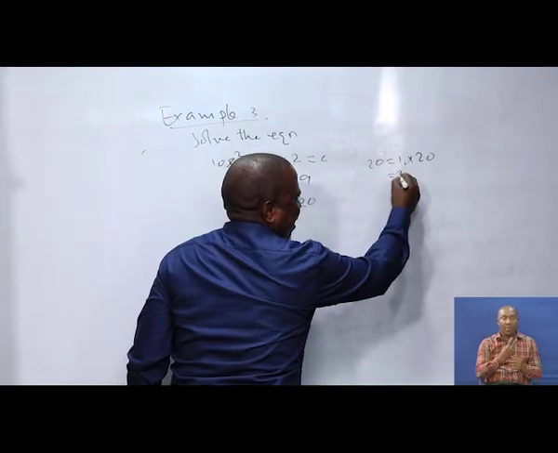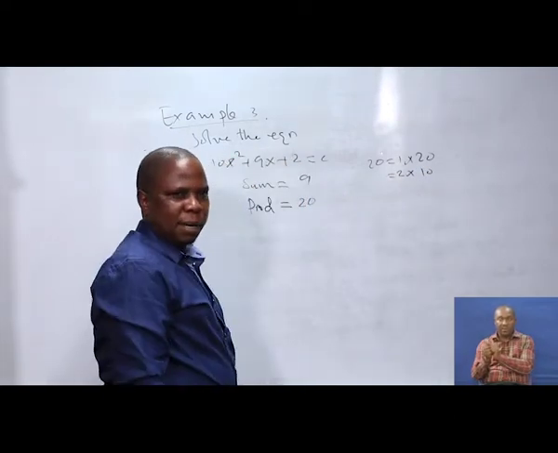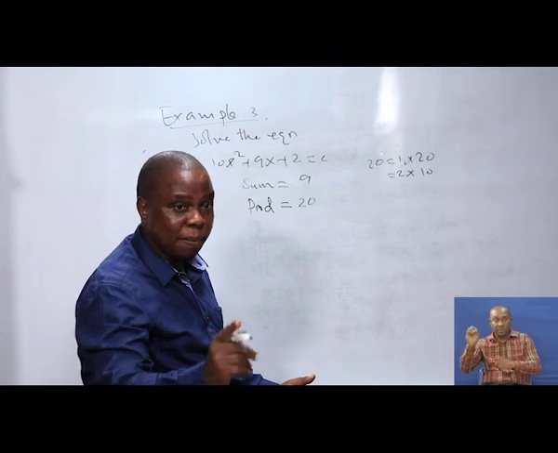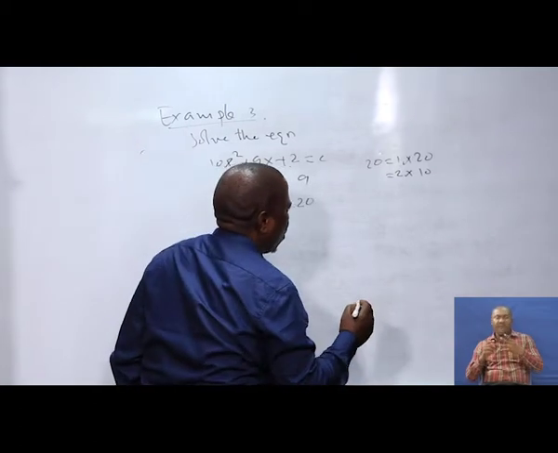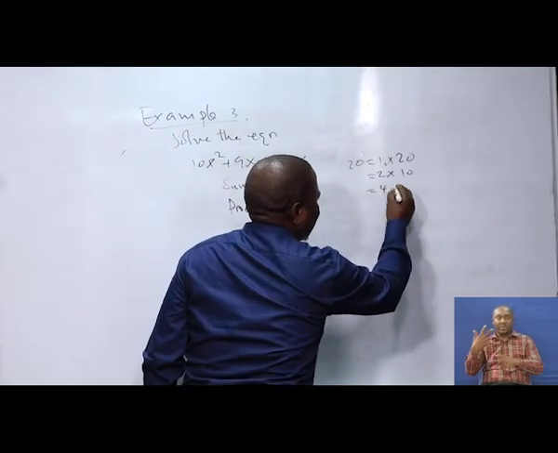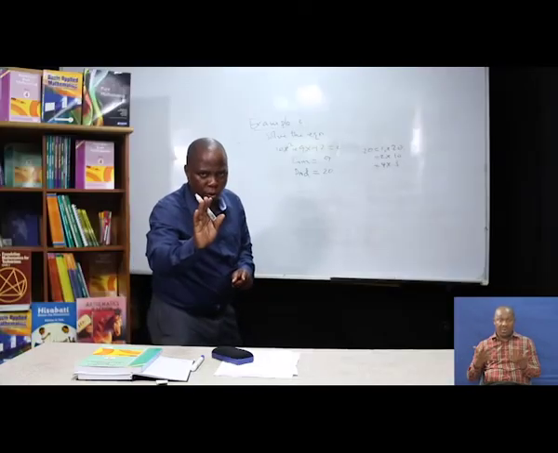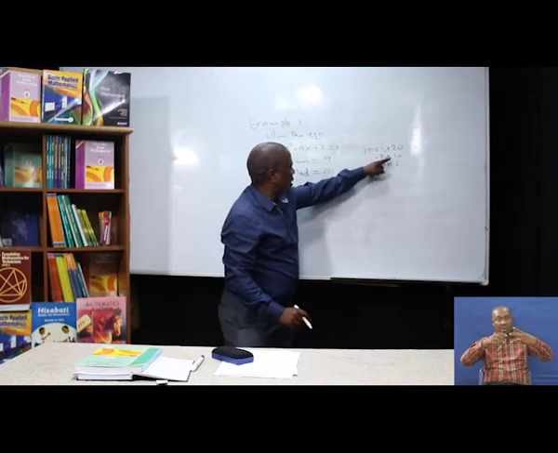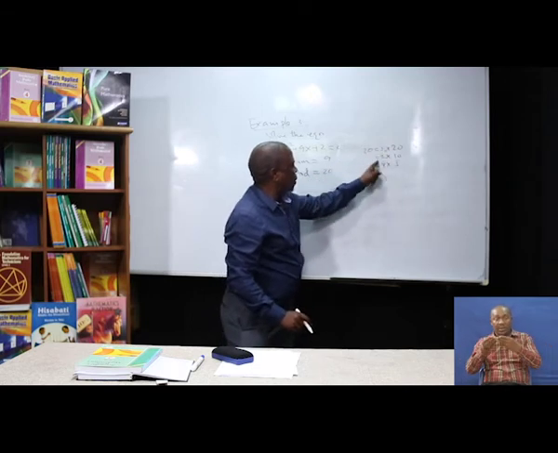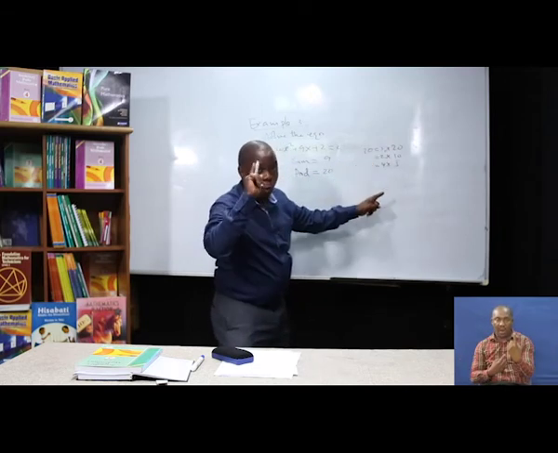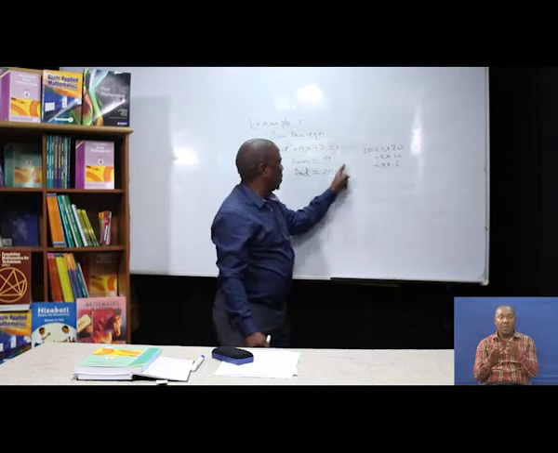But also 20 can be written as 2 times 10. Is there any other number? 3? No. 4? Yes. 4 times 5. Apart from 4 and 5, is there any other numbers? No. So all of these pairs, if you multiply them, they will give you 20. But it is only one pair whose sum will be 9.